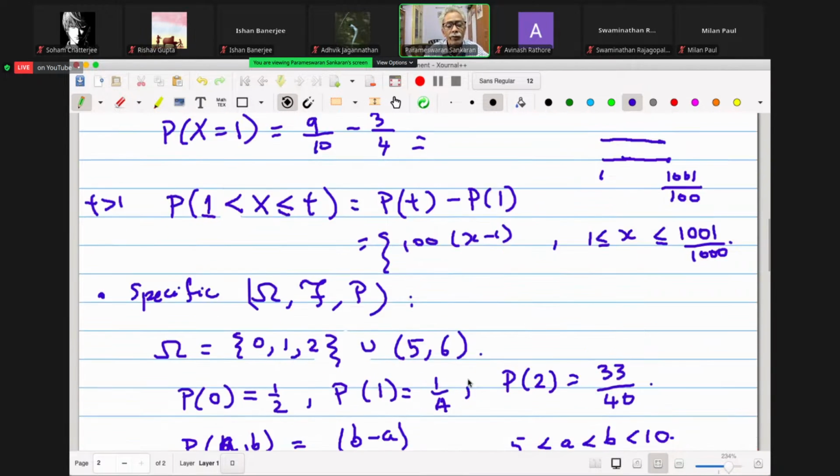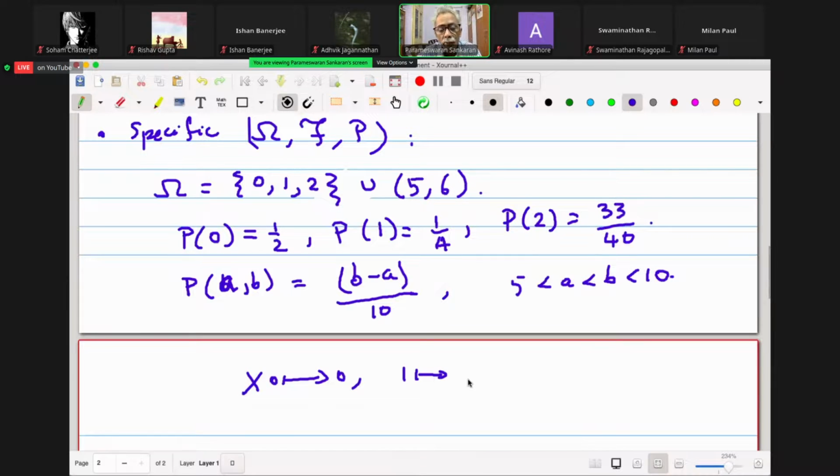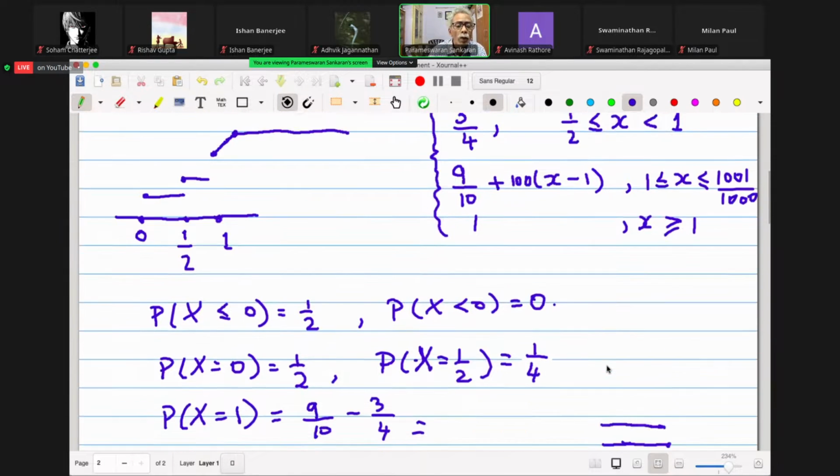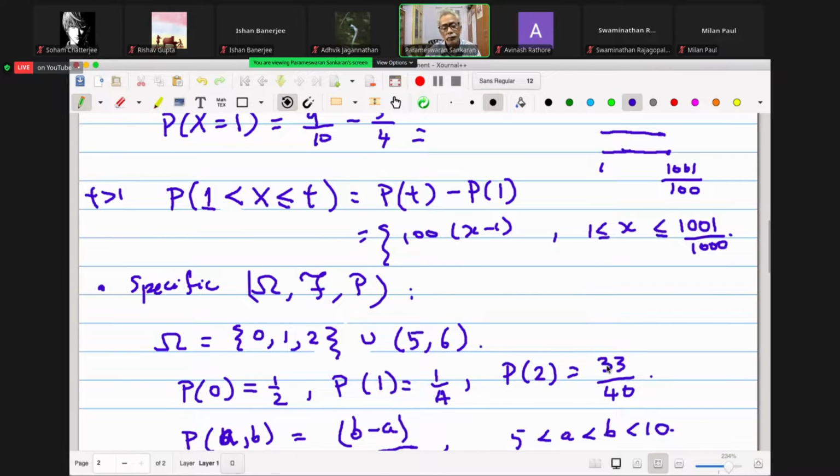You can play around with this type of thing. So 2 goes to, well, the next jump discontinuity is at what point? Okay, so 1, put 1.